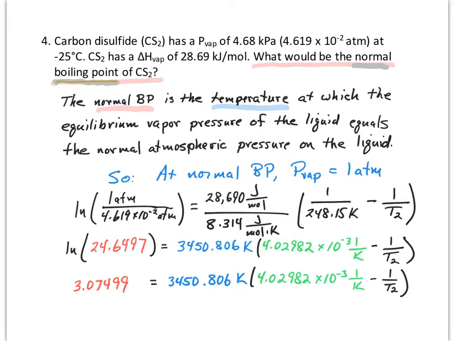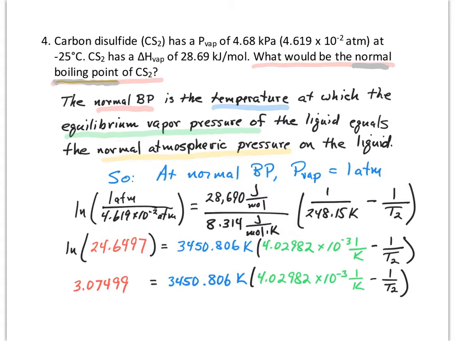So you have to say it is a temperature at which the equilibrium vapor pressure of the liquid equals the normal atmospheric pressure applied on the liquid. Remember that a liquid will boil when the applied pressure on the liquid is equal to the vapor pressure of the liquid. So there are two ways to make a liquid boil. One is to keep raising the temperature of that liquid until the vapor pressure equals the atmospheric pressure.